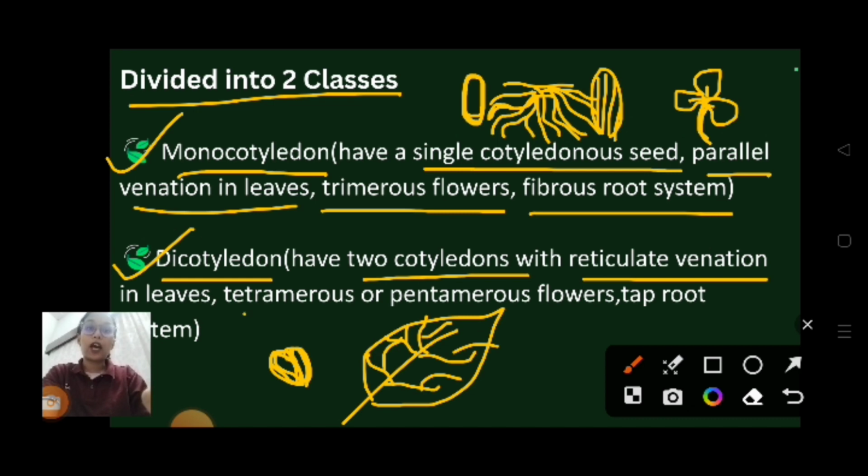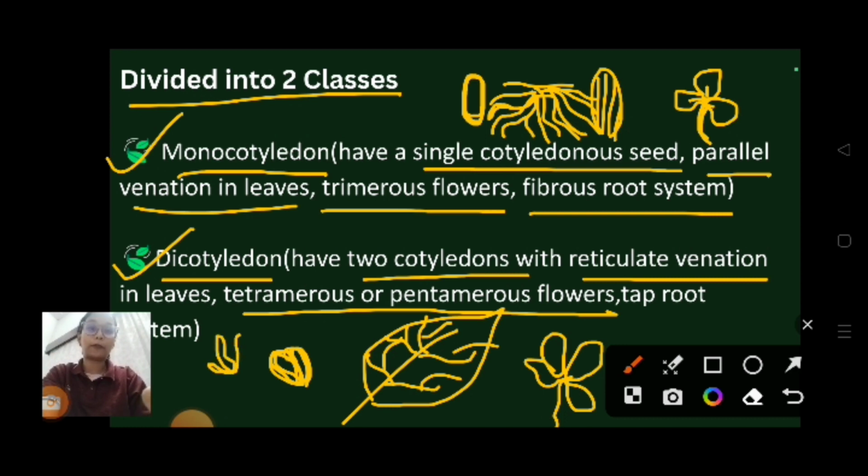They have tetramerous or pentamerous flowers, meaning 4 petals or 5 petals. And they have a taproot system. Taproot means they will have a primary root, and from the primary root they will have secondary roots.